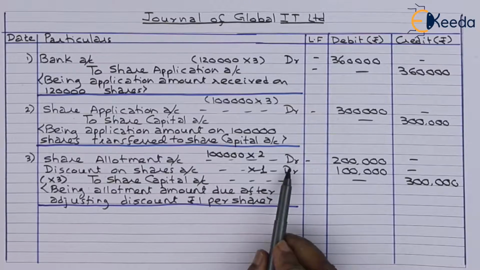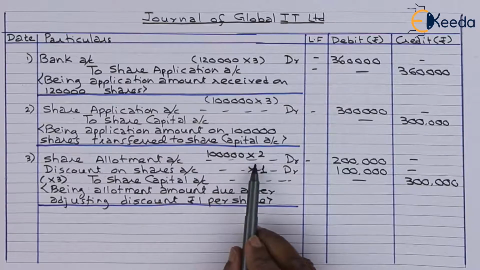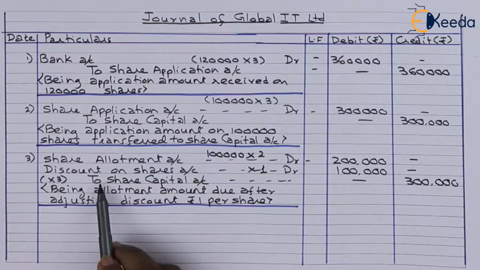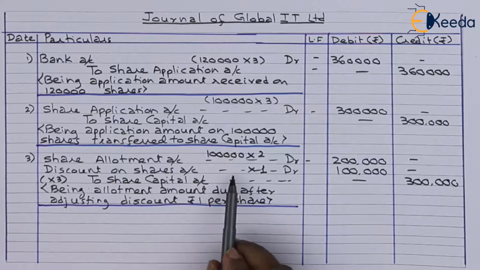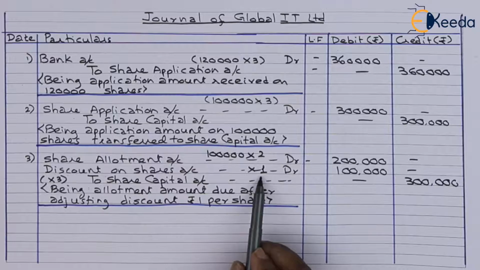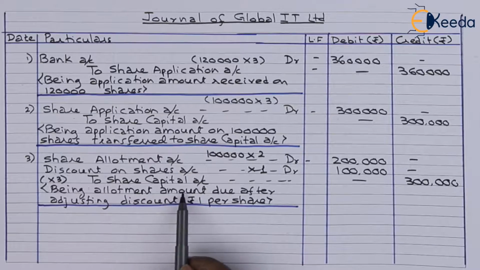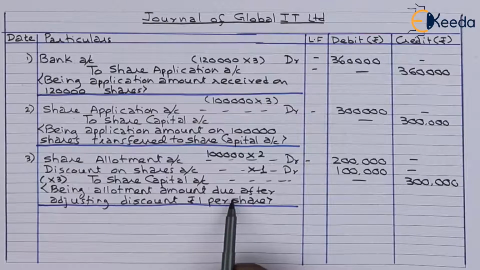Share allotment account debit 1 lakh shares, 2 rupees each, 2 lakhs. Discount on shares account debit 1 lakh shares, per share 1 rupee, 1 lakh. To share capital 3 lakhs. Being allotment amount due after adjusting discount rupees 1 per share.